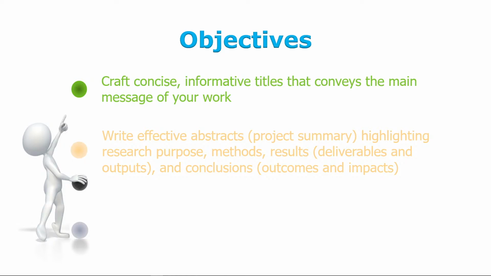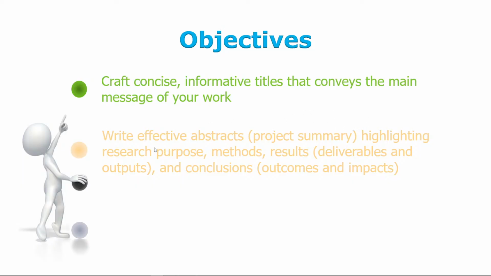A project summary is for a proposal. And there is a difference. There are a lot of similarities between an abstract and a project summary, but that's one thing you will also learn in this video. What's the difference between an abstract and a project summary?